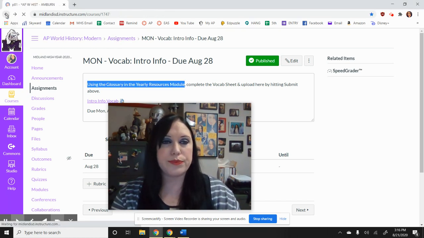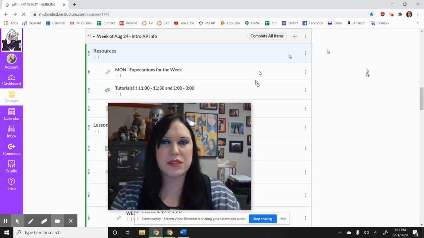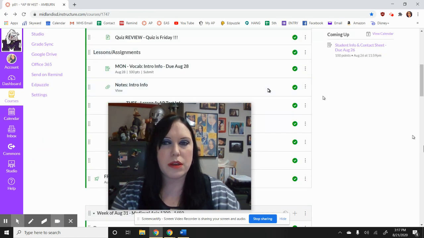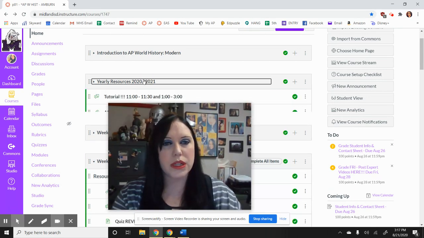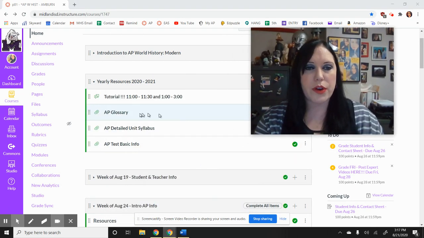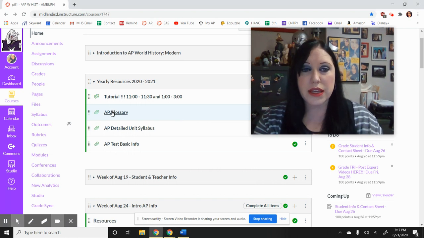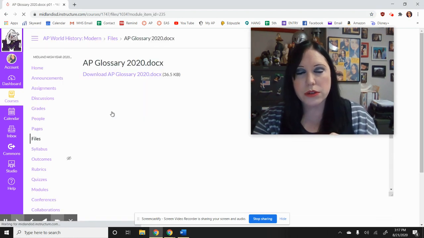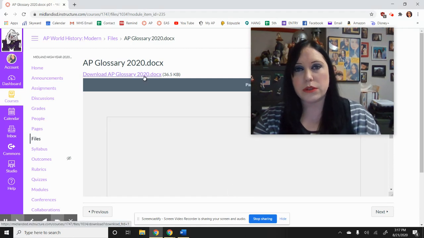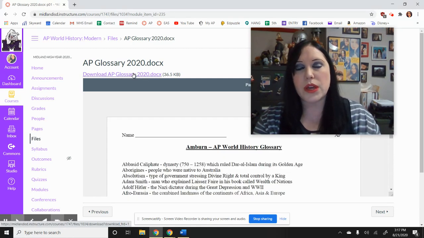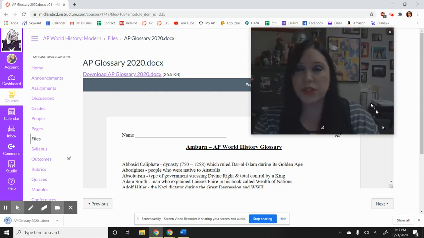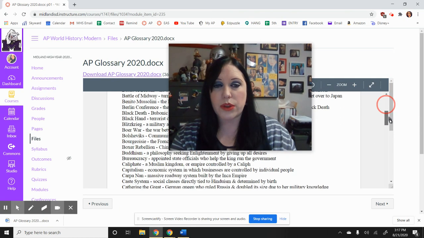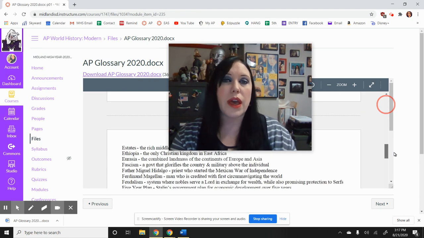Up here, yearly resources, click it, and your vocab glossary is right here. This is where all your definitions are. Glossary. You can download it if you hit here to your computer and save it somewhere, or you can just always use it down here and just scroll down, okay?